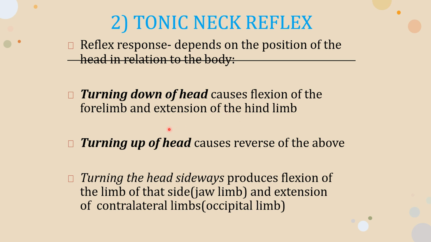So flexion of the forelimb and extension of hind limbs. When the head is turned upward, it causes the reverse: extension of forelimbs and flexion of hind limbs. And when the head is turned sideways, it produces flexion of the limb of that side, that is, the jaw side to which the head is turned, and extension of the contralateral limb, that is, the occipital side.